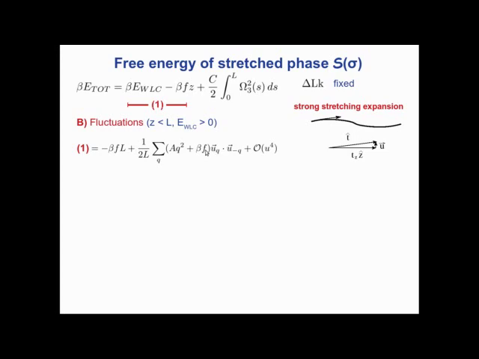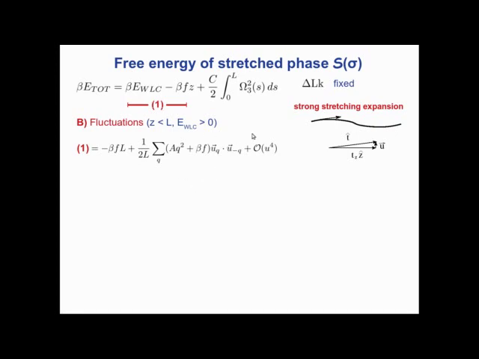So what are the u of q? They are the Fourier components of this two-dimensional vector. So u is a function of s, which is the coordinate along the curve. When I Fourier transform, it becomes u of q. This is something that we have seen in the lecture on the worm-like chain.